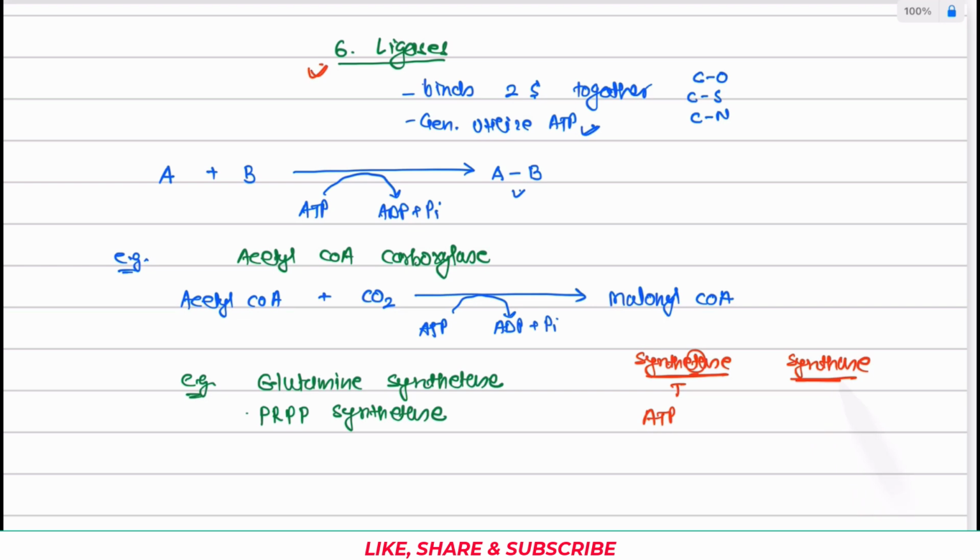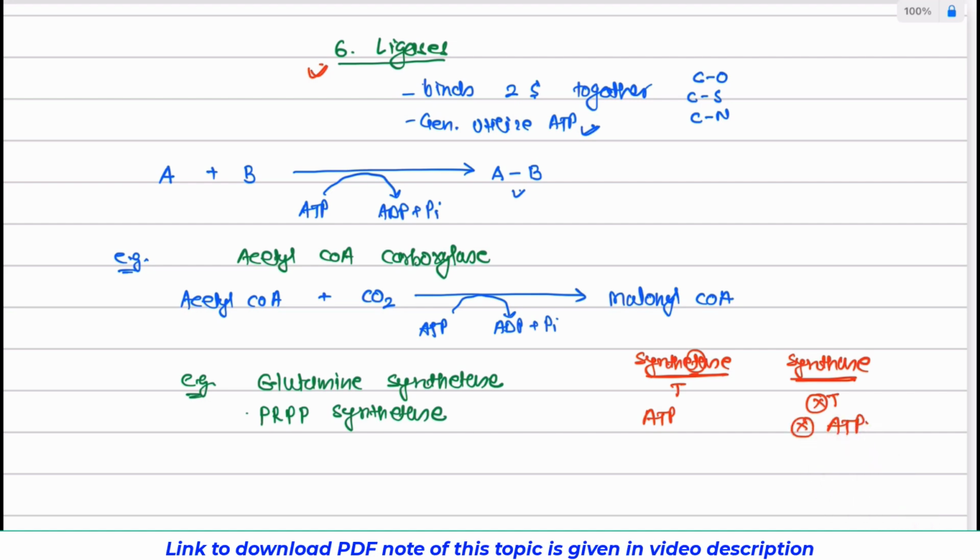Whereas synthase doesn't have any extra T, so they don't utilize ATP. Such names are given, and these are actually very confusing names. So you must be clear whenever you write synthetase or synthase.